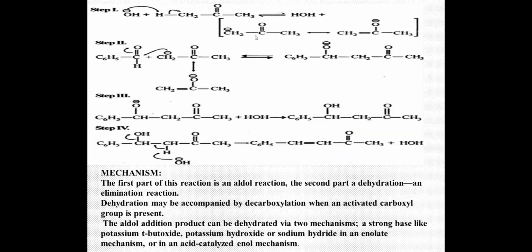So now let's go for the mechanism of action. The mechanism is similar to that of the aldol condensation. The base which is present removes the proton from the alpha carbon to give a carbanion. First step is generation of the carbanion, then resonance stabilization of the negative charge.